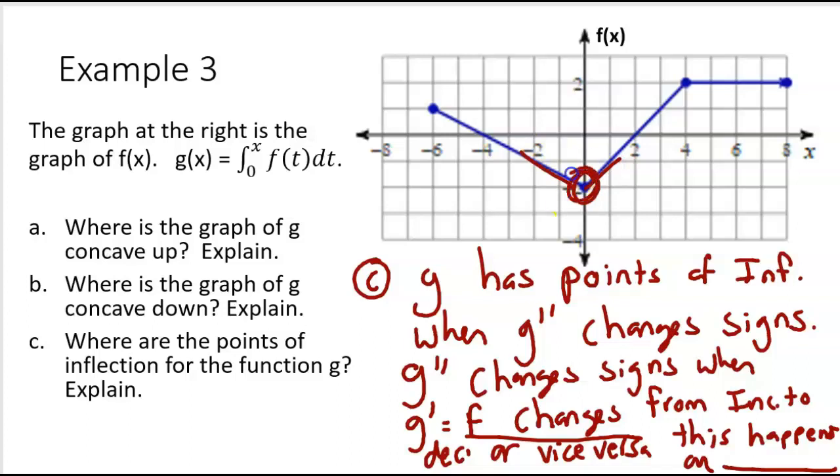So it happens right there at x equals 0, and that would be my point of inflection. So G has a point of inflection when the second derivative changes signs. The second derivative changes signs when G prime, which is f, this graph up here, changes from either increasing to decreasing or vice versa. And this happens at x equals 0.